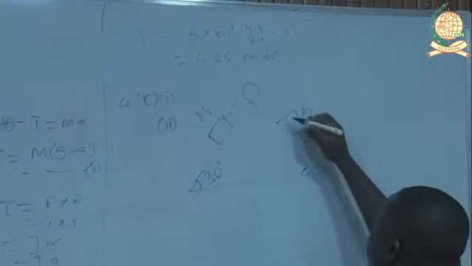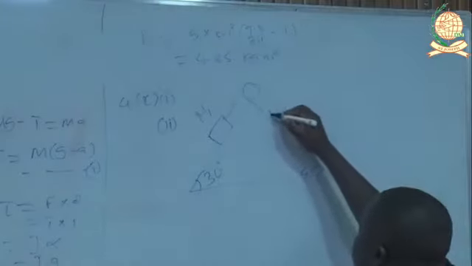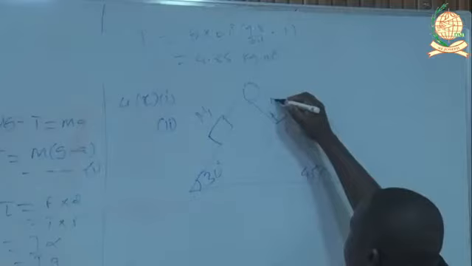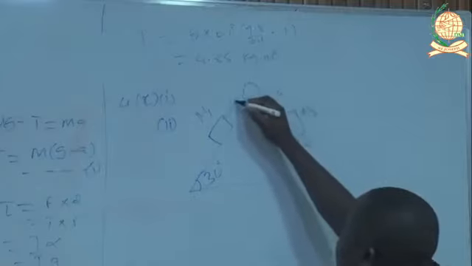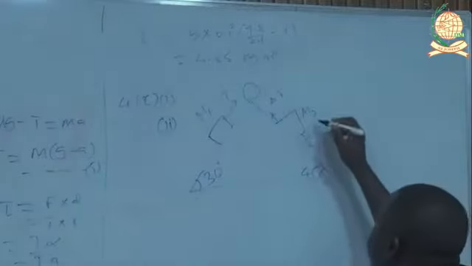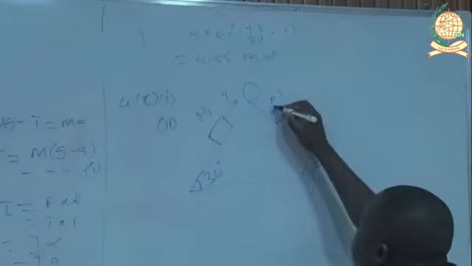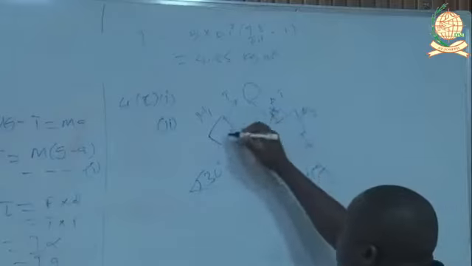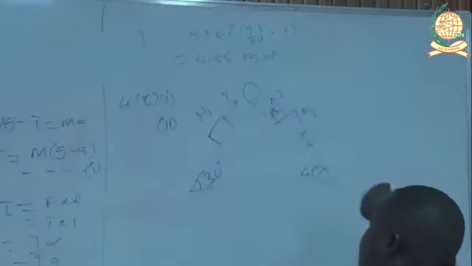Therefore, there is a friction force. First of all, there is tension here, the same as tension there, because it's a single string connecting the two bodies. Then there is a friction force 2, and there is a friction force 1.